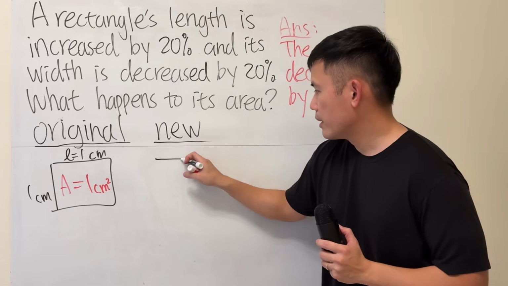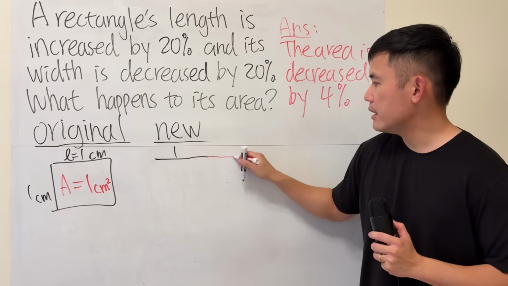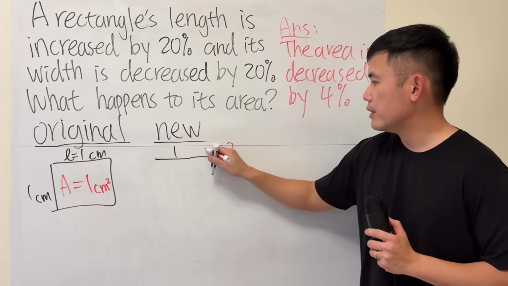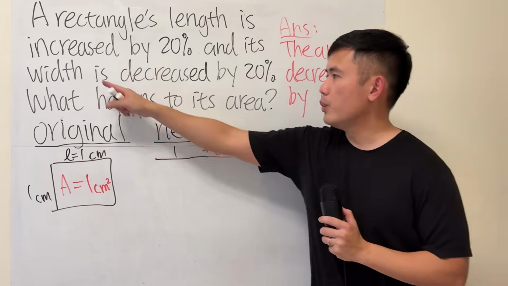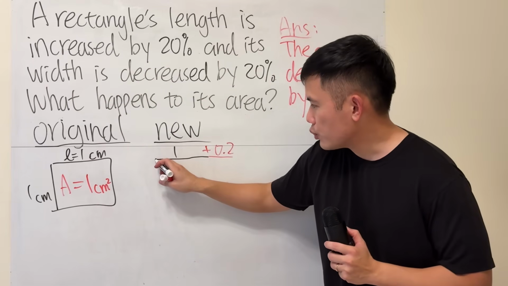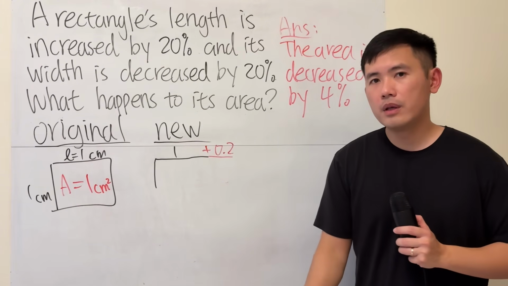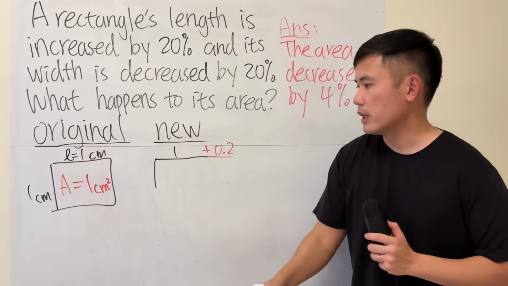So this is the 1, and we have to go up by 0.2. So this is the new length. And for the width, which is decreased by 20%, it's going to be shorter, something like this. 1 decreased by 20%, we have 0.8.